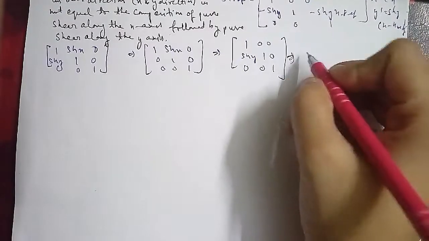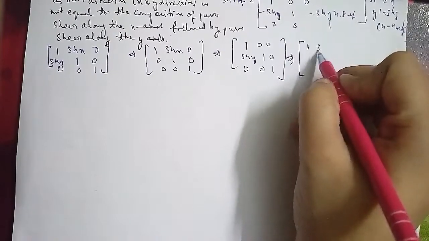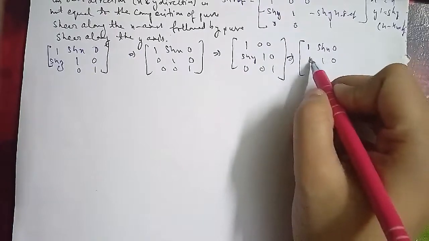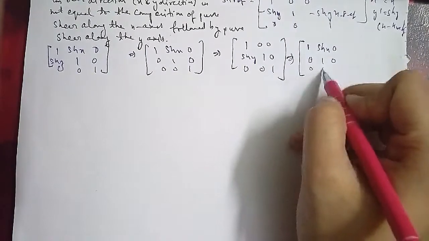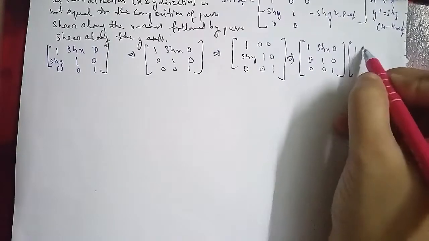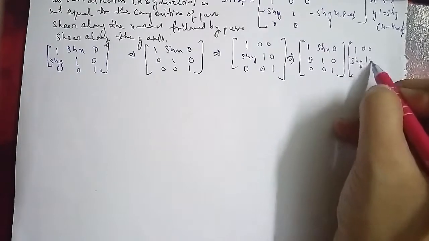Now we go ahead with another question that we have to solve: show the three transformation matrices used to rotate a figure 90 degrees anti-clockwise about (3,3), and also generate the transformation matrix. This is of 5 marks, as they have asked.